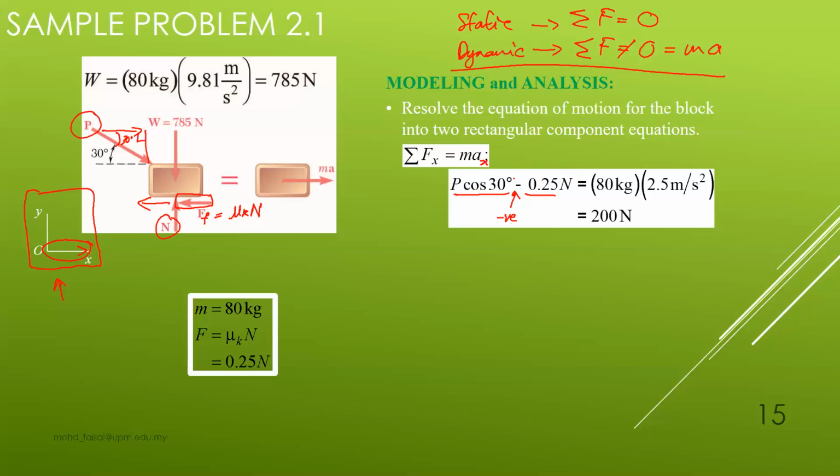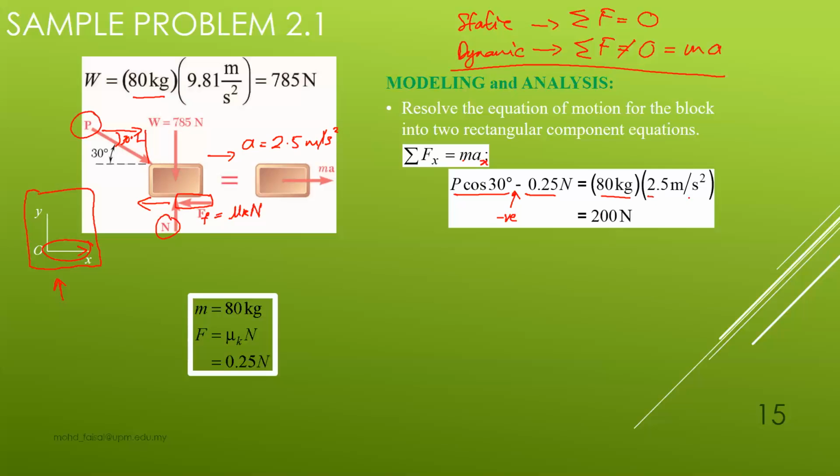Since we only have these two parts here, that is equal to M. M is given as 80 kg, and in this particular direction, we want this block to move with 2.5 meters per second squared.